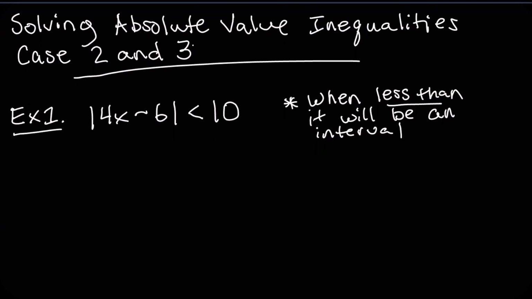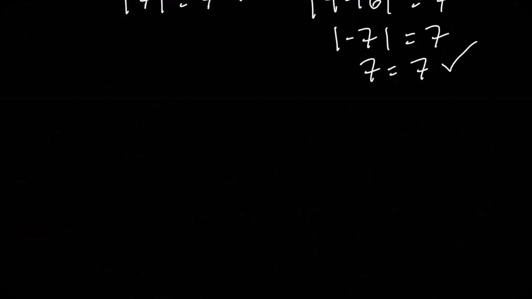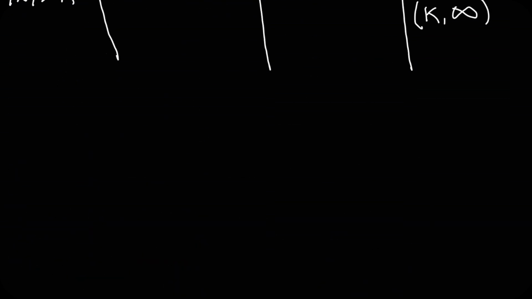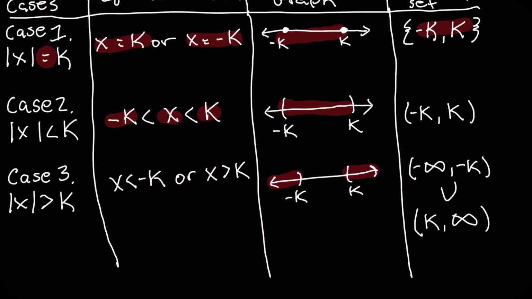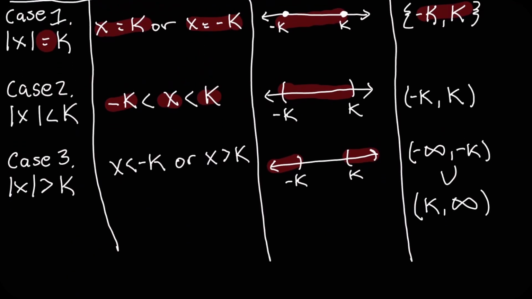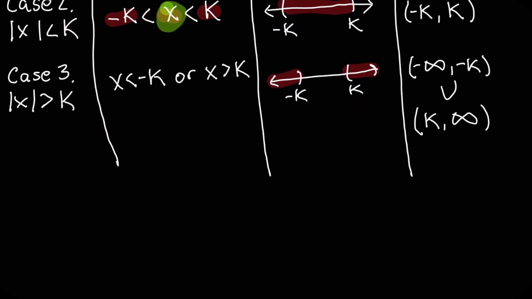We have the absolute value of 4x minus 6 is less than 10, and we want to go ahead and solve for x. So first things first, we have to remember what we need to do in order to set this equation up. Unlike the other one, we will now have our x sandwiched in between a negative k and a positive k.